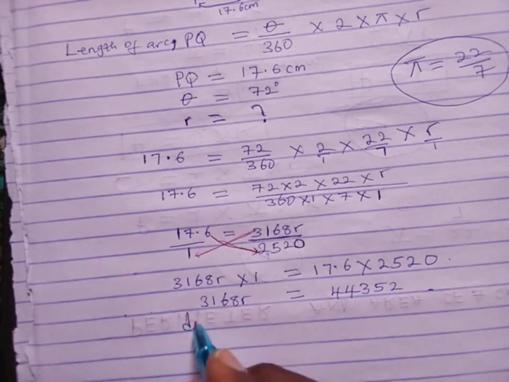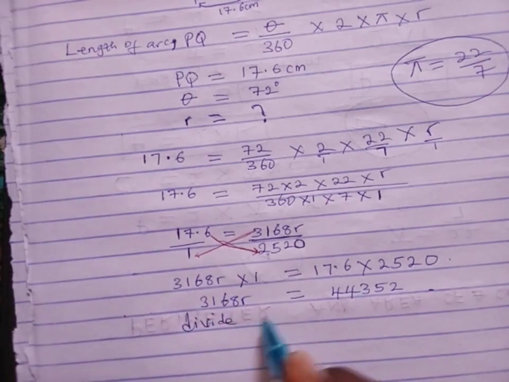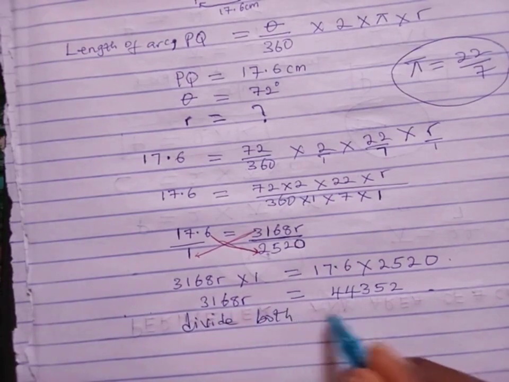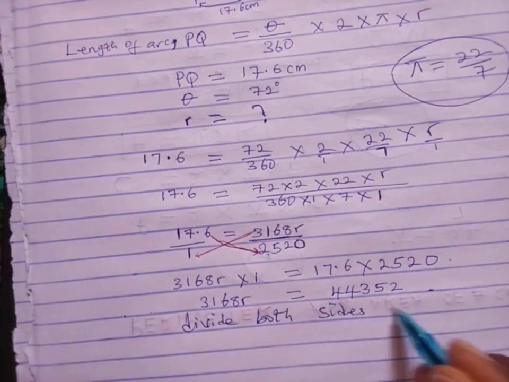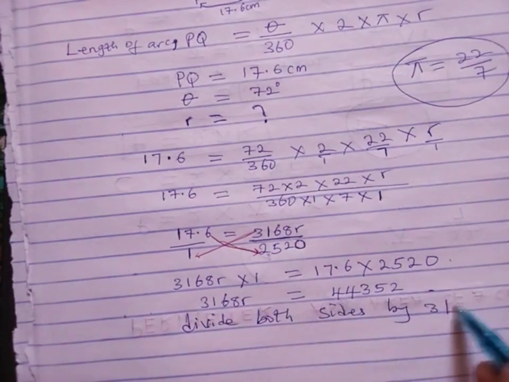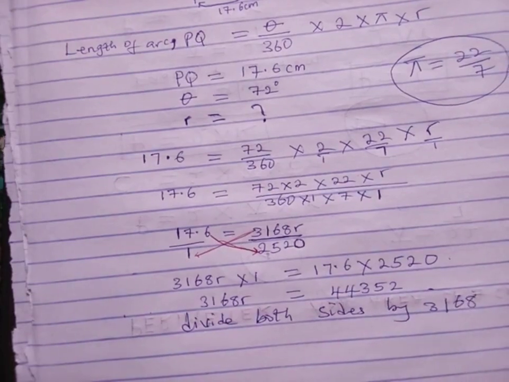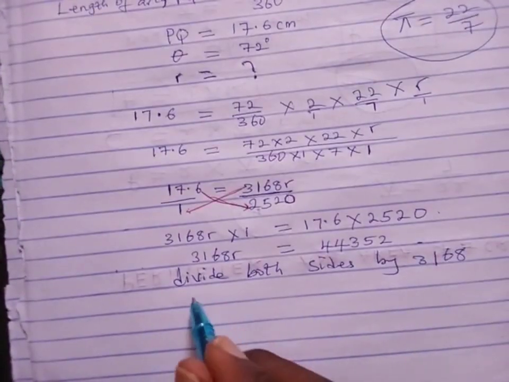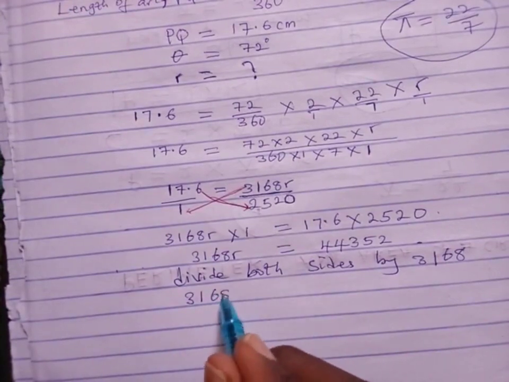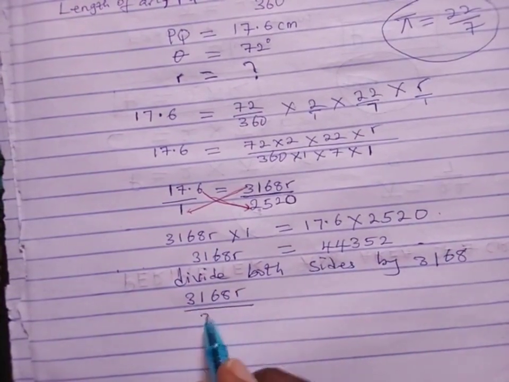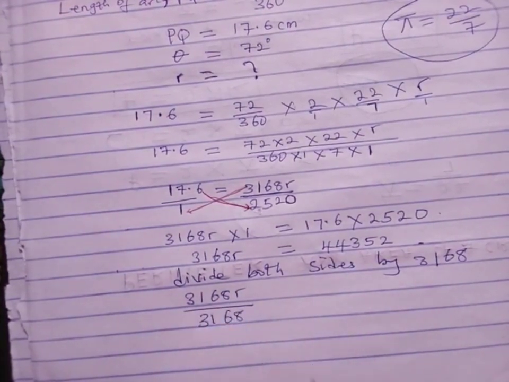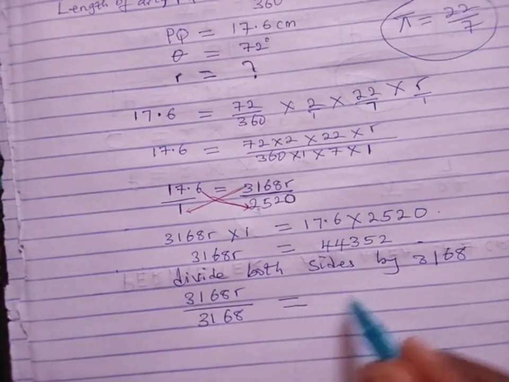So 3168r divided by 3168. Remember, I said both sides.